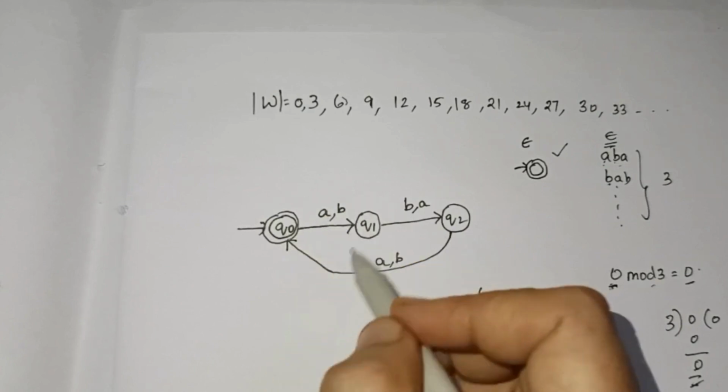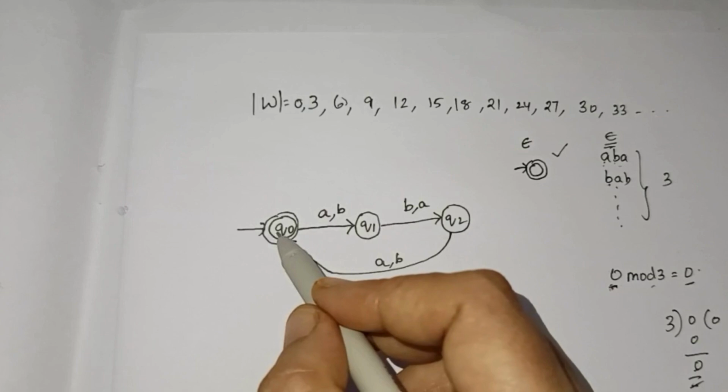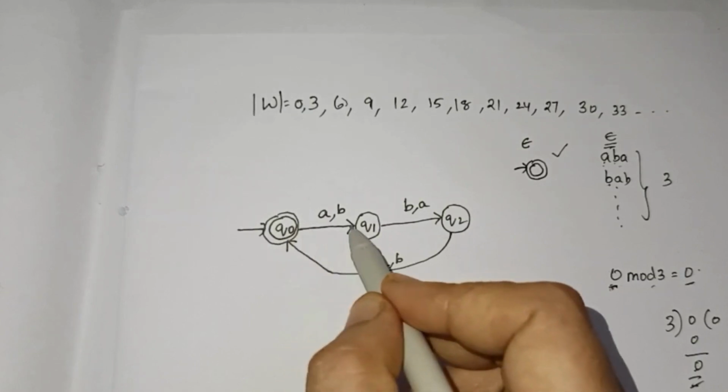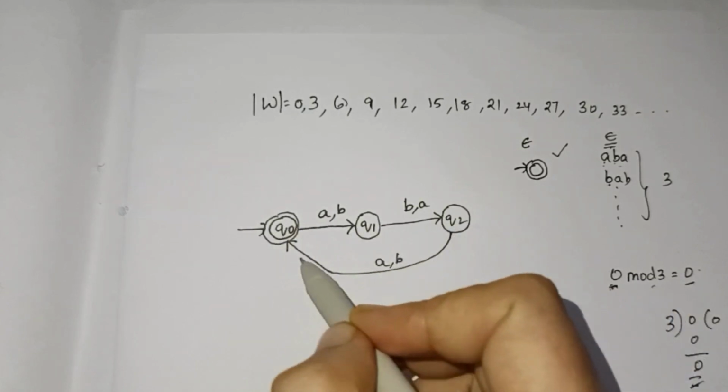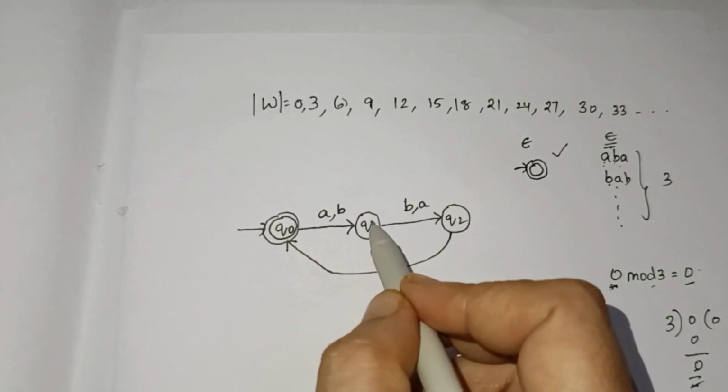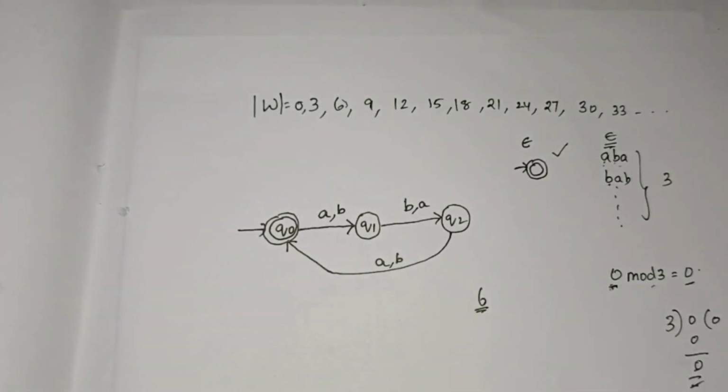See, all multiples of 3 end in the final state. If I take 4: 1, 2, 3, 4, it ends in a non-final state. Any other length, a number which is not divisible by 3, shouldn't be accepted.